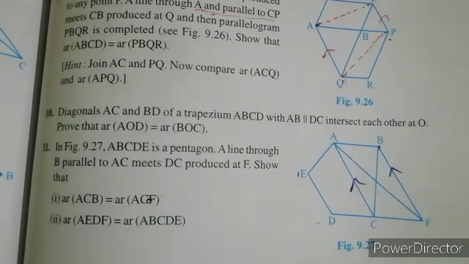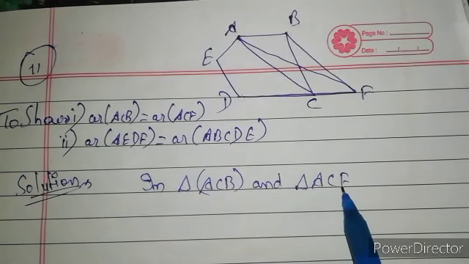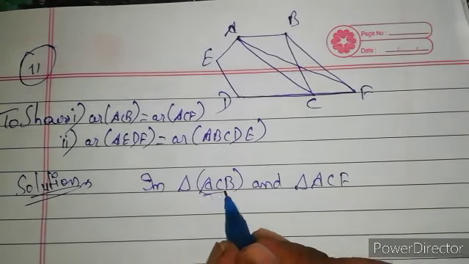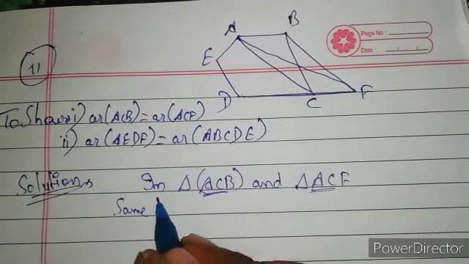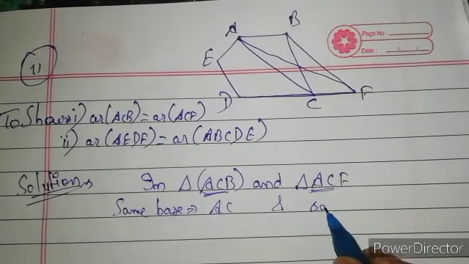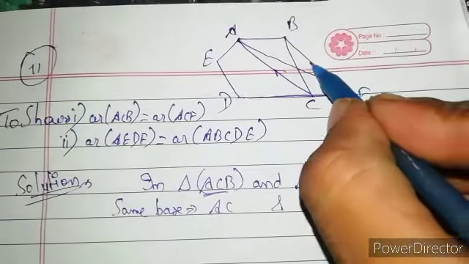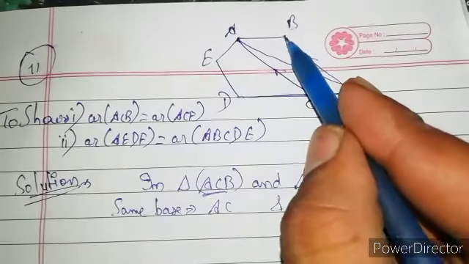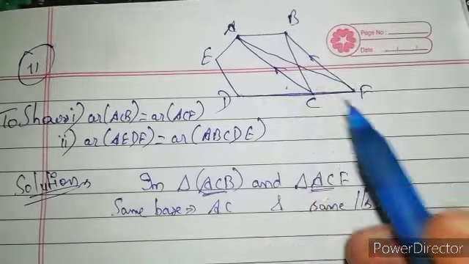Okay, for that we need to take these two triangles. So these two triangles ACB and ACF, as you can see that they lie on same base, that is AC. So here I will directly write same base, that is AC, and same parallels. This line is parallel to this line because the line through B parallel to AC, means BF is parallel to AC.